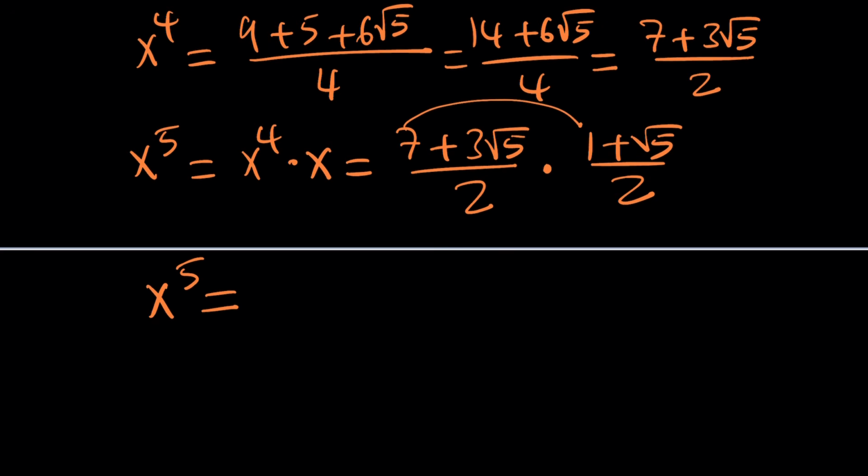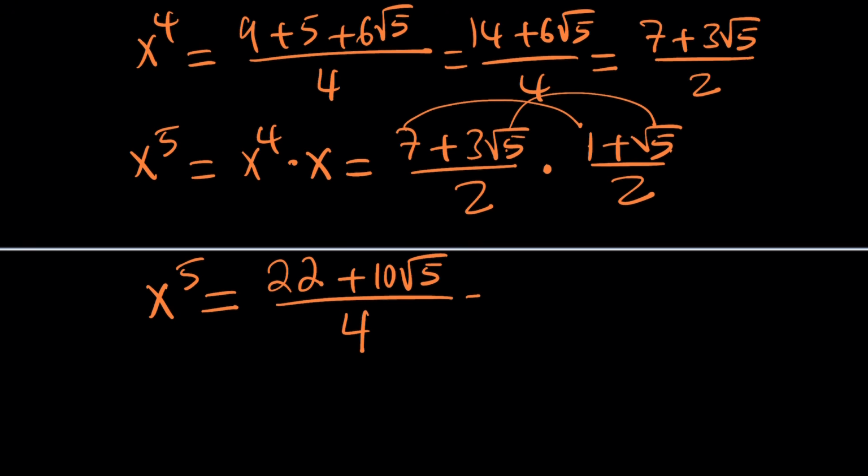That's going to give us 7, and then 3 times 5 is 15. 7 plus 15 is 22. And then you do the FOIL, 7 root 5 and 3 root 5, that'll give us 10 root 5. And divide by 4 again, that is going to be 11 plus 5 root 5 divided by 2, not 4, obviously. Okay, so we got x to the 5th power.